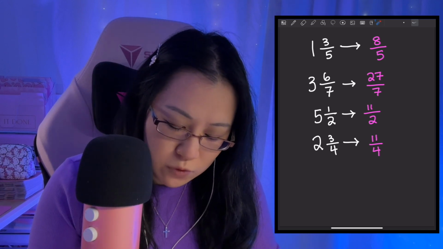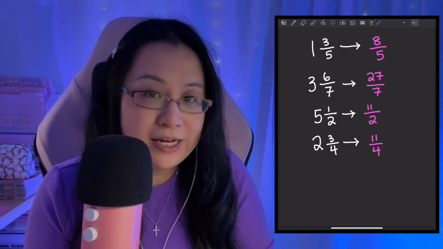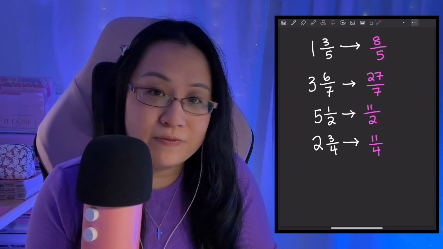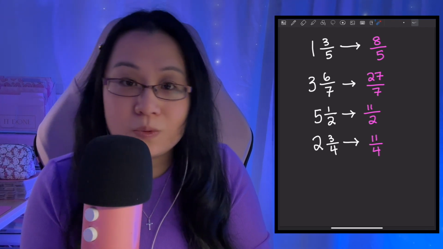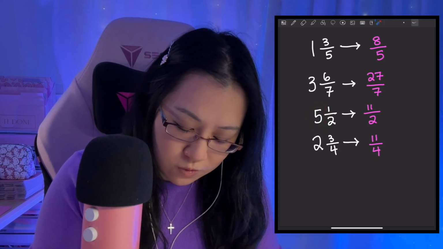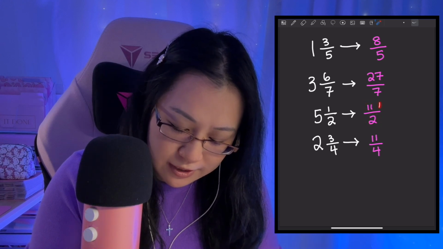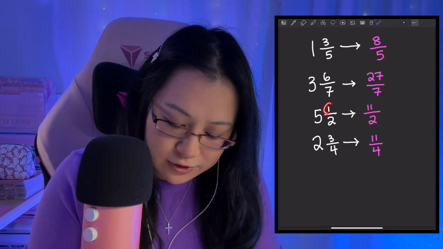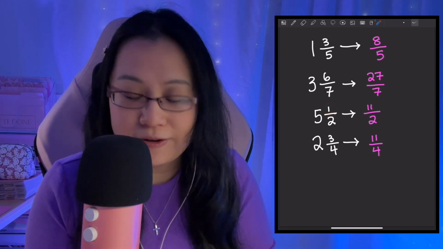How many full multiples of 2 go into 11? That would be 5, because 5 twos is 10, but 6 twos is 12, which is too many. So we have 5 whole multiples of 2 that go into 11, and since that covers 10 of the 11, we have a remainder of 1, and so that's how we get 5 and 1/2.